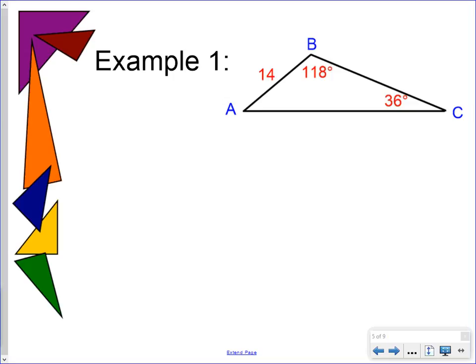So I would definitely use the ratio. And which other one might you like to use?